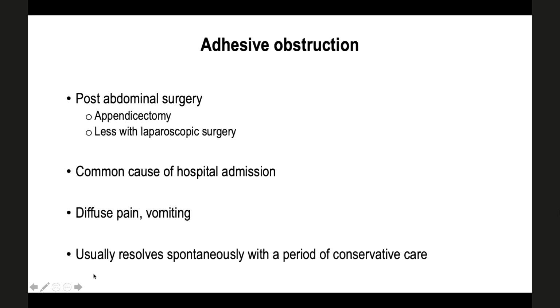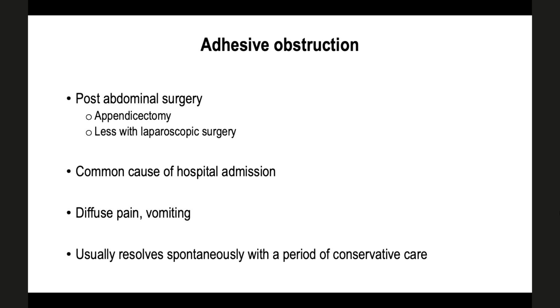The other thing that you fairly commonly will come across is this thing called adhesive obstruction. Adhesive obstruction is one of the common causes of intestinal obstruction you will see in emergency or surgical wards. Basically, these are patients who usually have had previous abdominal surgery.